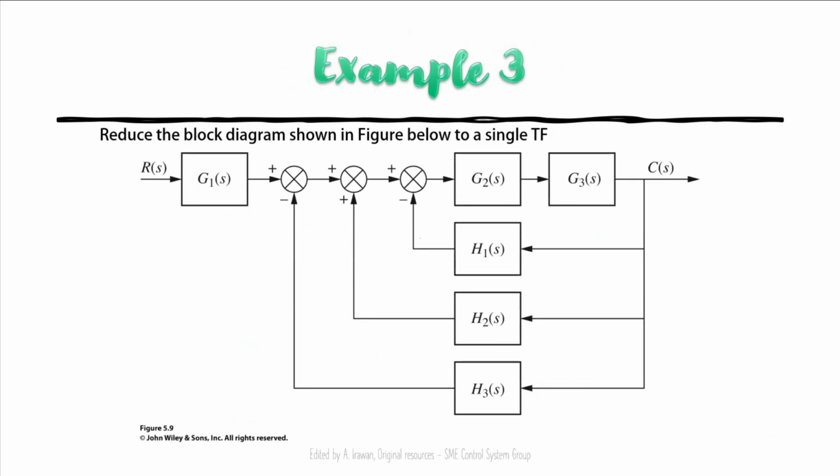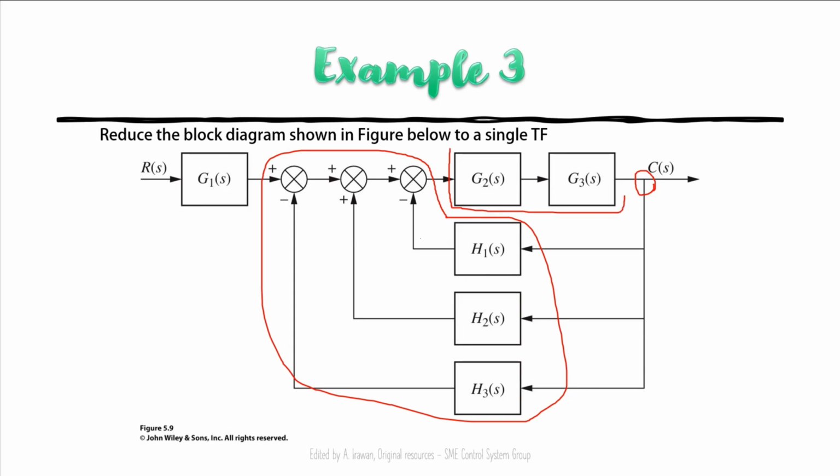So let's say we go to an example here. Obviously we can see the summing point, and then the pick off point will be here, and they have a cascade form here, right? It's a cascade, it's a summing point, and then this one is a pick off point.